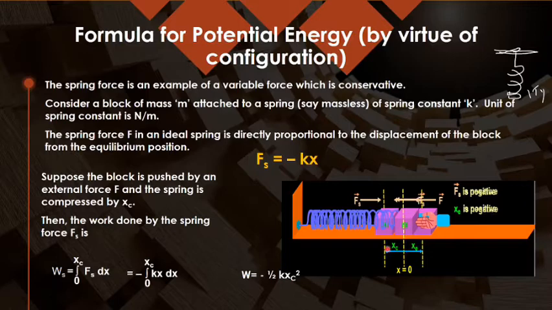But the force which brings it back to the initial position is the restoring force, which always acts in a direction opposite to the displacement. I am giving the displacement on the right hand side, but this restoring force comes on the left hand side. So this force is directly proportional to the displacement, but with a negative sign.